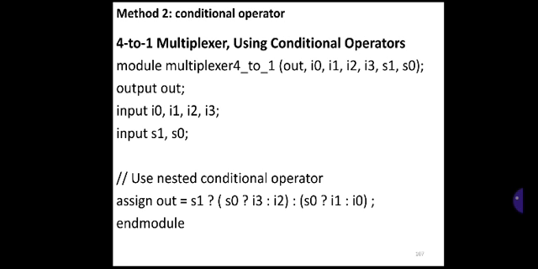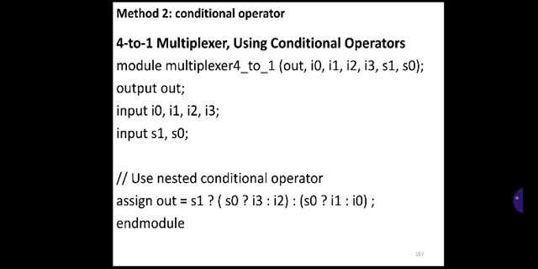Assign out is equal to: test the condition S1. If S1 is true, then S0 question mark I3 colon I2 is evaluated. If S1 is false, then the last expression, S0 question mark I1 colon I0, is evaluated.